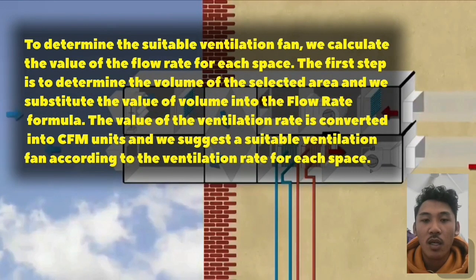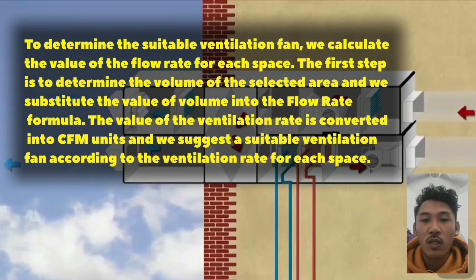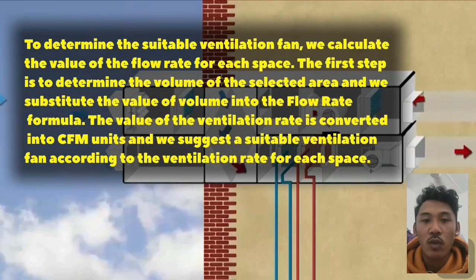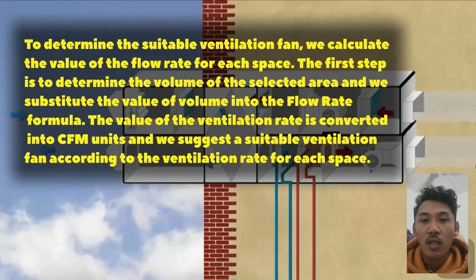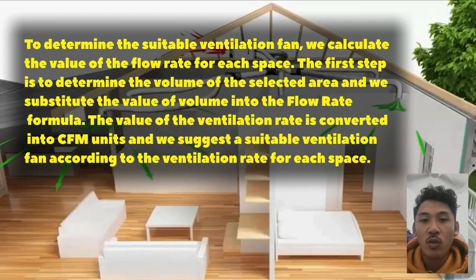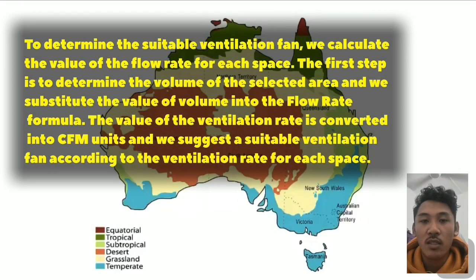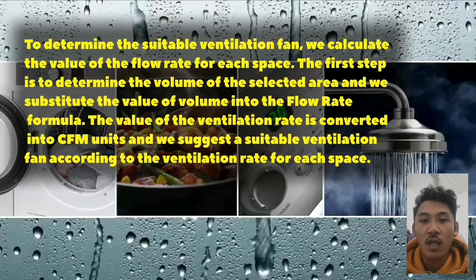The first step is to determine the volume of the selected area. We substitute the volume into the flow rate formula, convert the ventilation rate into CFM units, and suggest the suitable ventilation fan according to the ventilation rate for each space.